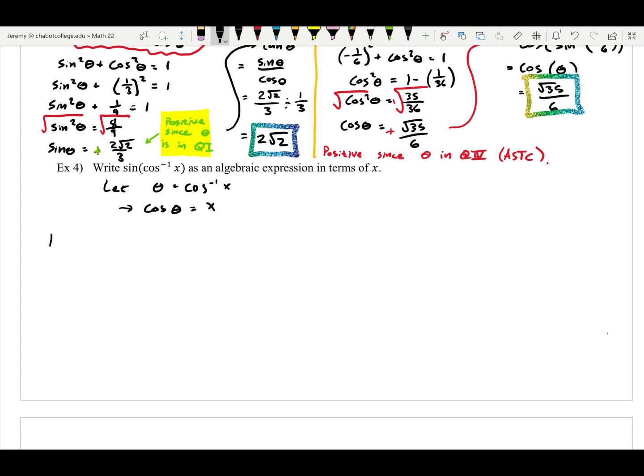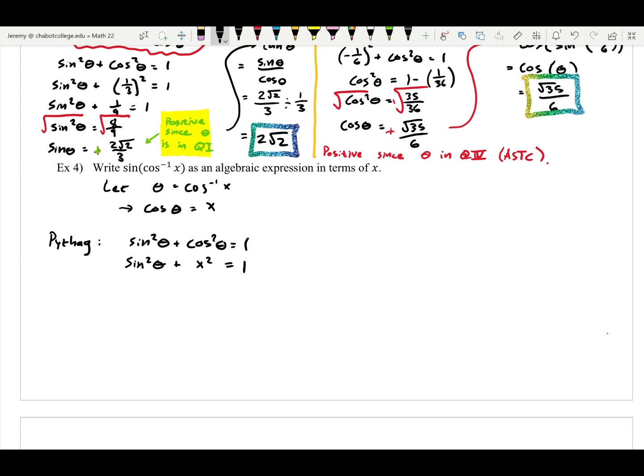And now let's go to the Pythagorean identity. We get sine squared theta plus cosine squared theta is equal to 1. This is something that we should have memorized by now probably. And we know, so okay, sine squared theta, and then I can substitute in for cosine x, so this is going to be x squared, is equal to 1.